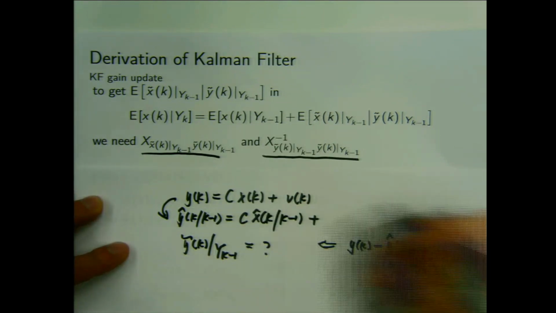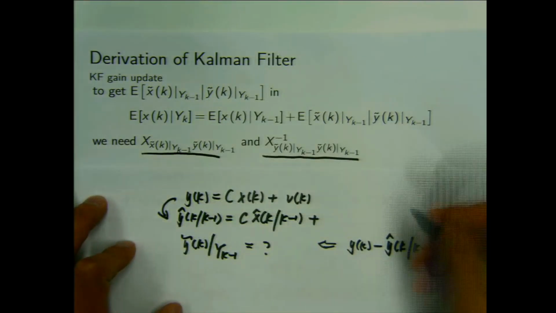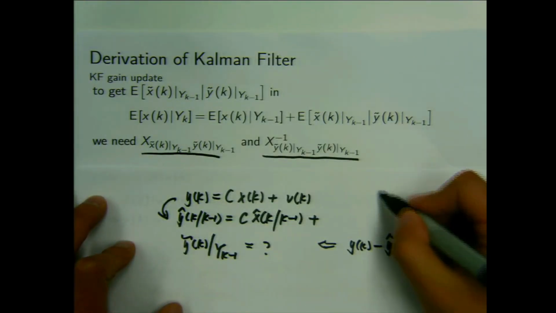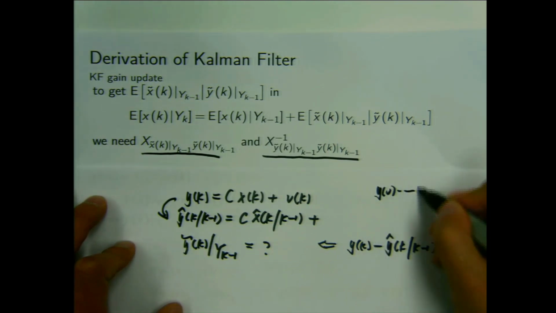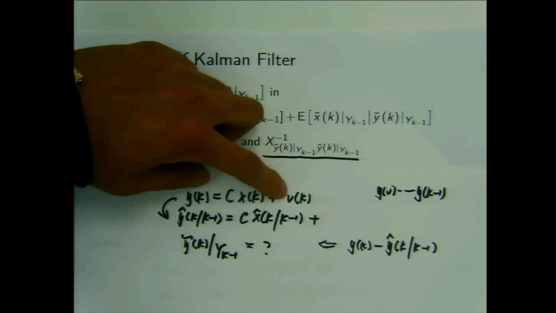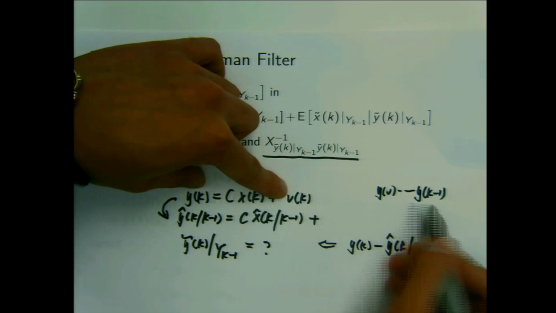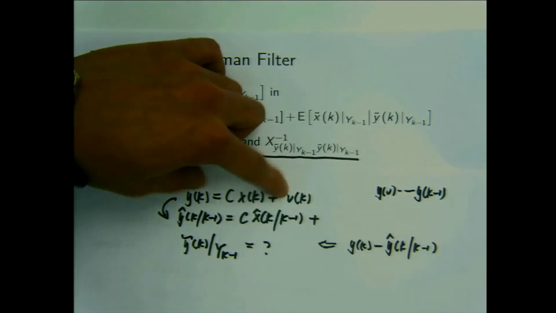Yeah, exactly. So what about this term? If I have only information of y0 to yk minus 1, how will I be able to estimate vk? It is the mean value, right? The assumption is vk has nothing to do with this. The assumption is vk is totally white noise.